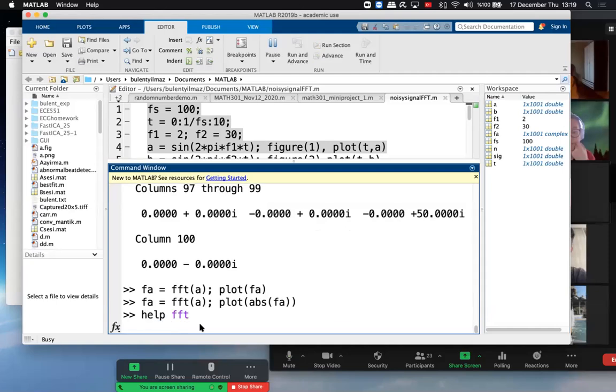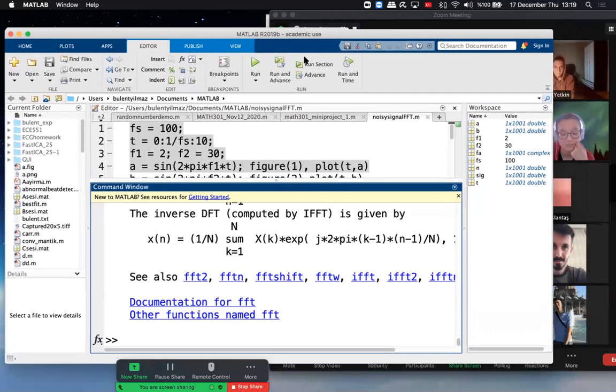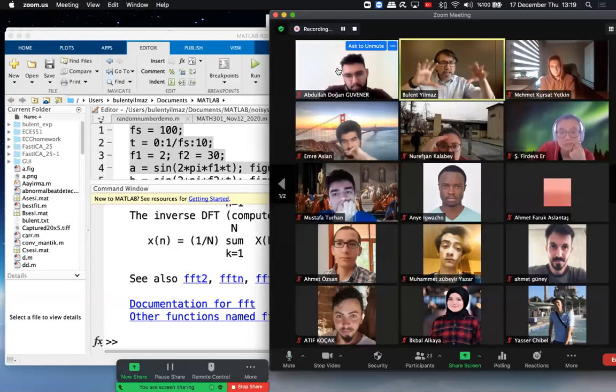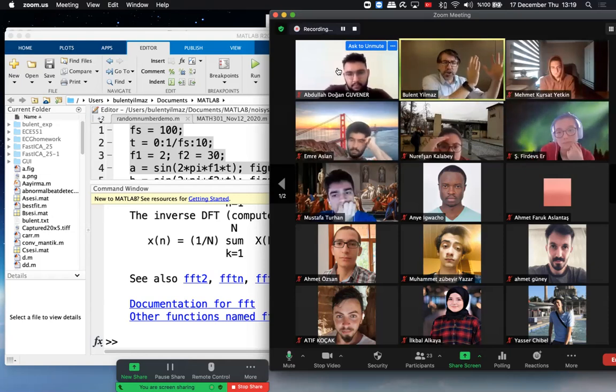Okay. So it really doesn't mean anything in terms of a physical thing. It has an algorithm. It calculates the coefficients first, the things that we want, and its mirror image in the second part.